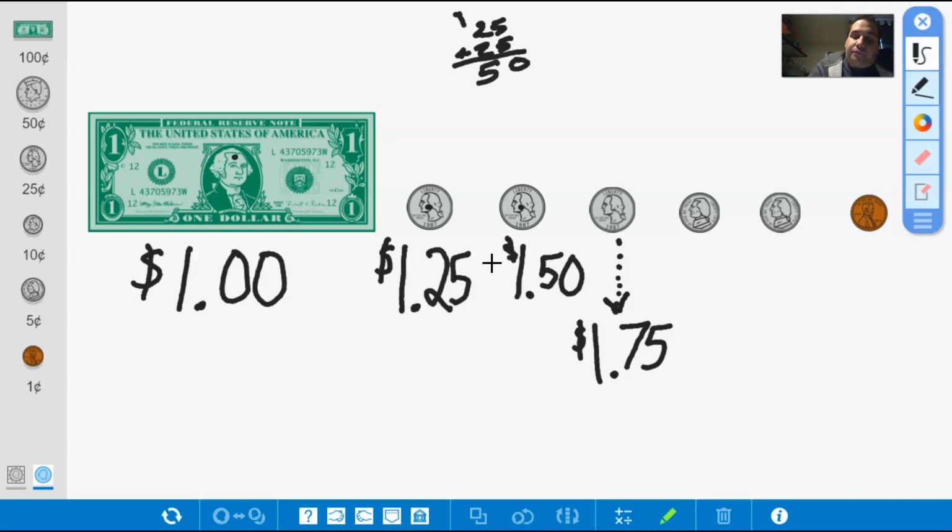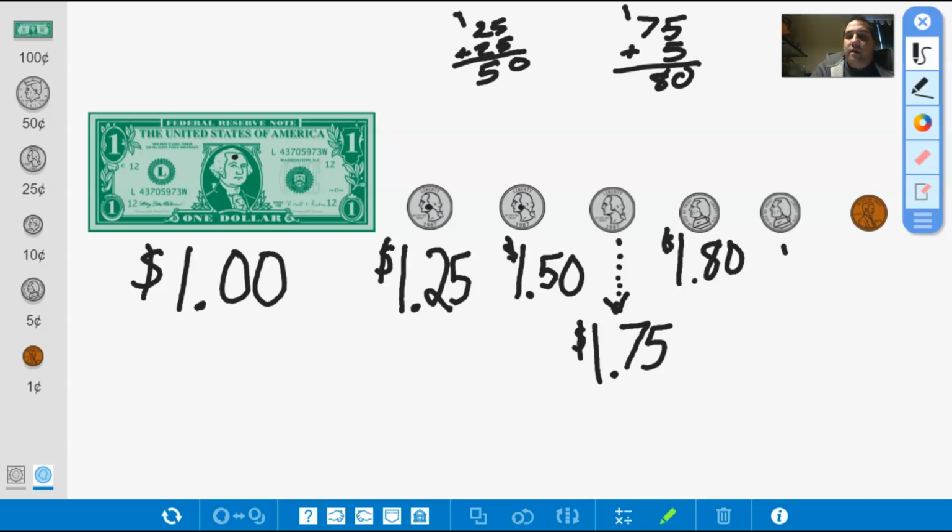If you don't know it, write it up here. 75 plus 5 is 80. So now I have, remember, I still have a whole dollar, $1.80. This 0 is very important, boys and girls. That tells us that we have 80 cents. Don't forget that 0.